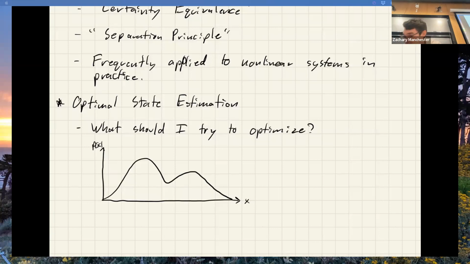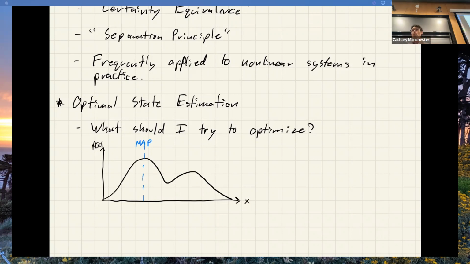Okay, so that's a reasonable choice. It would be here, maybe. That's a perfectly defensible choice. So I would pick that point and throw that into my controller. But if it happened that I was at the other peak, things could go badly. This is called the MAP estimate, which stands for maximum a posteriori. It just means the maximum of the distribution.